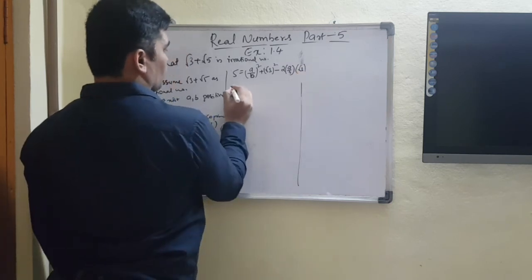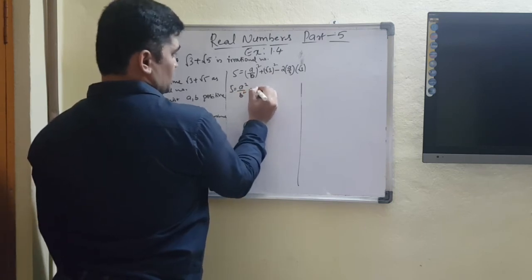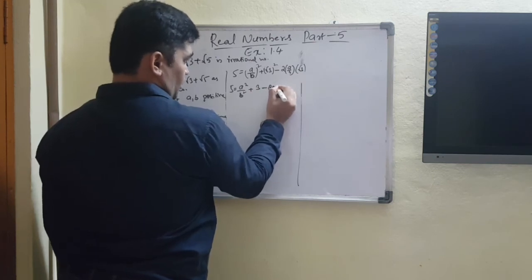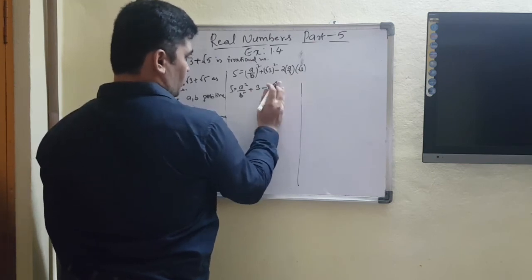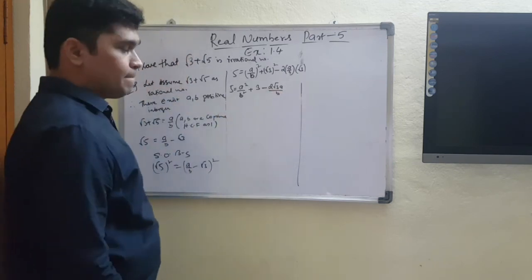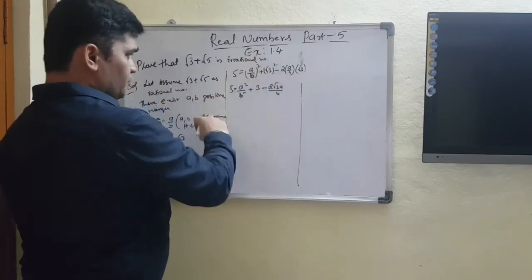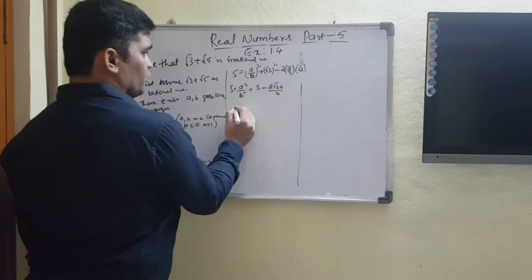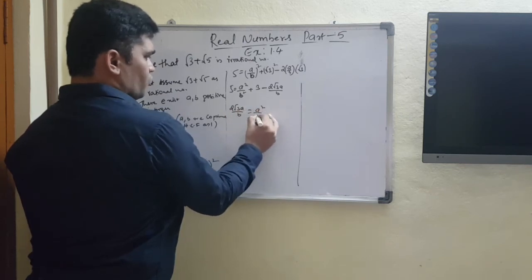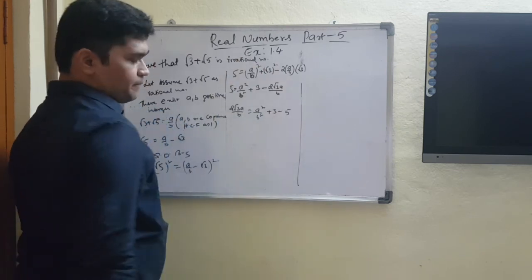Okay, now 5 equal to a square by b square plus 3 minus 2 root 3 a by b. Am I clear? What you do means, first shift this one over here, 5 over here. What will be? It will be 2 root 3 a by b equal to a square by b square plus 3 as it is, plus 5 becomes minus 5.